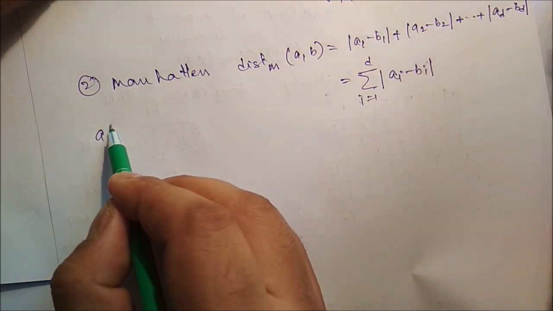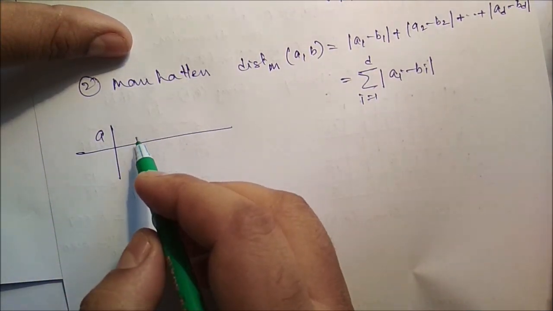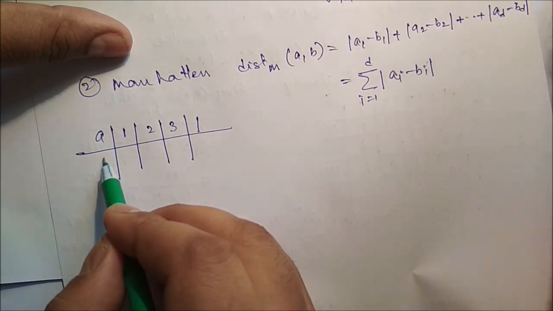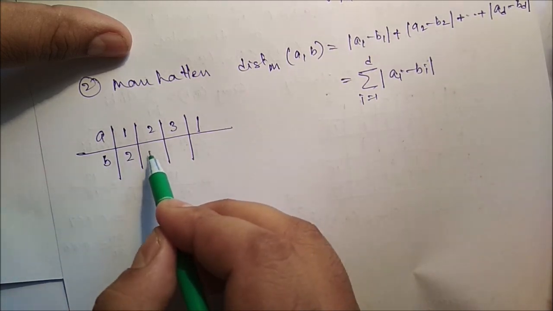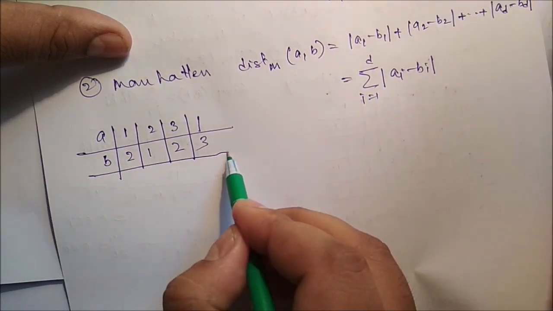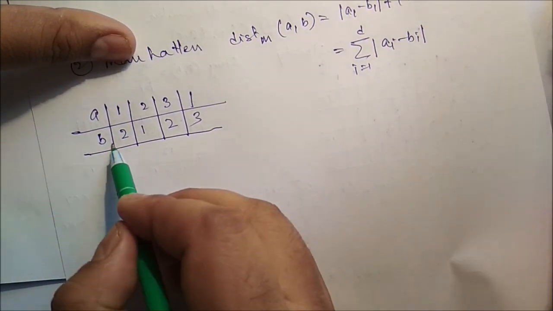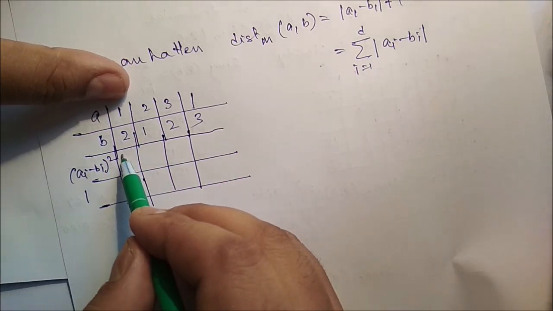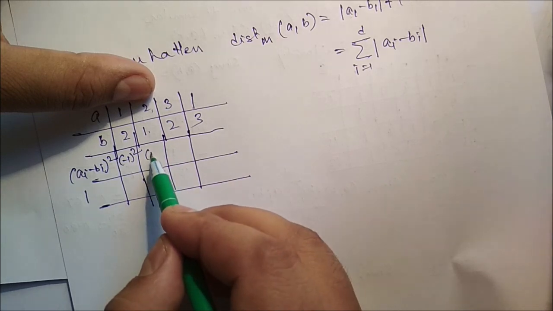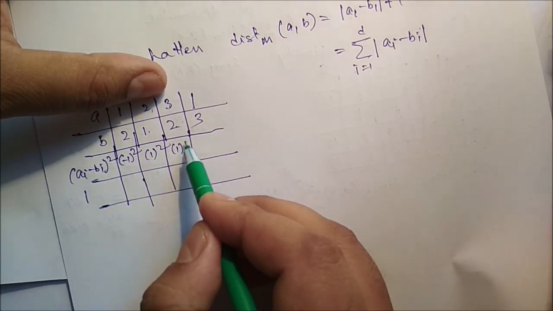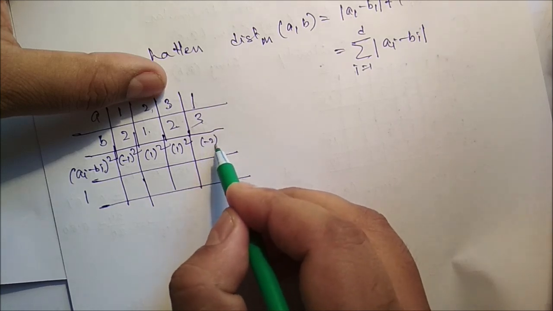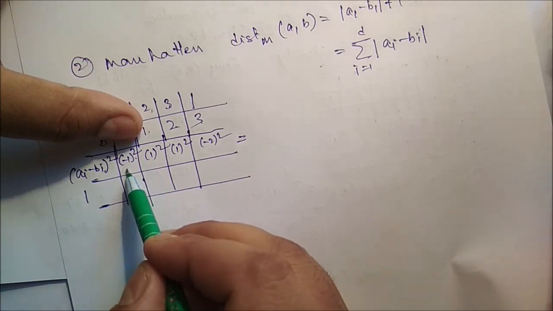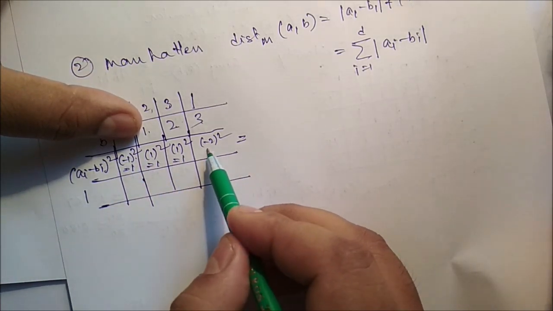Say A is equal to 1 2 3 1, and B is 2 1 2 3. First of all, we have to calculate (AI minus BI) square. So 1 minus 2 is minus 1, square is 1. 2 minus 1 is 1, square is 1. 3 minus 2 is 1, square is 1. 1 minus 3 is minus 2, square is 4.